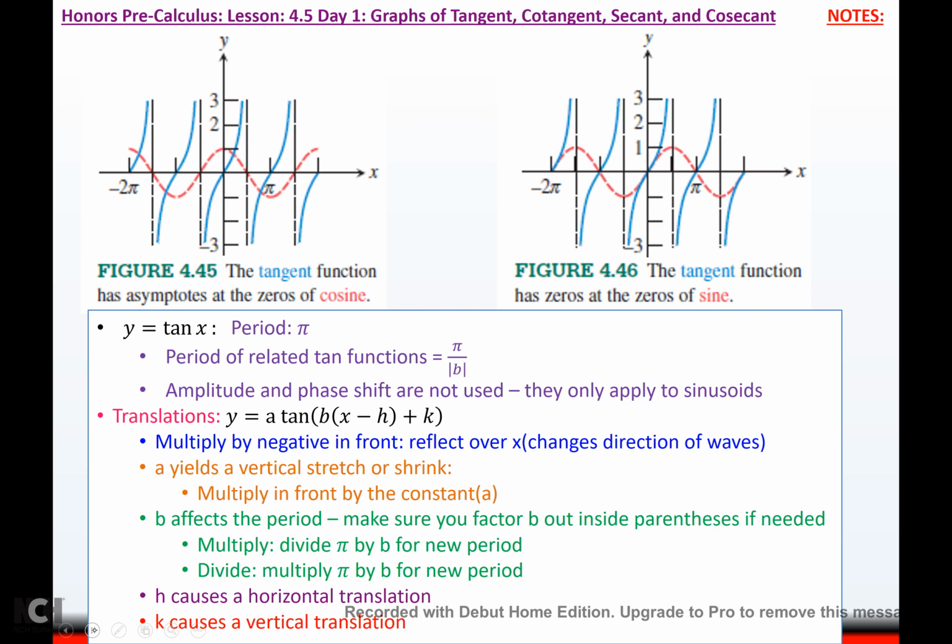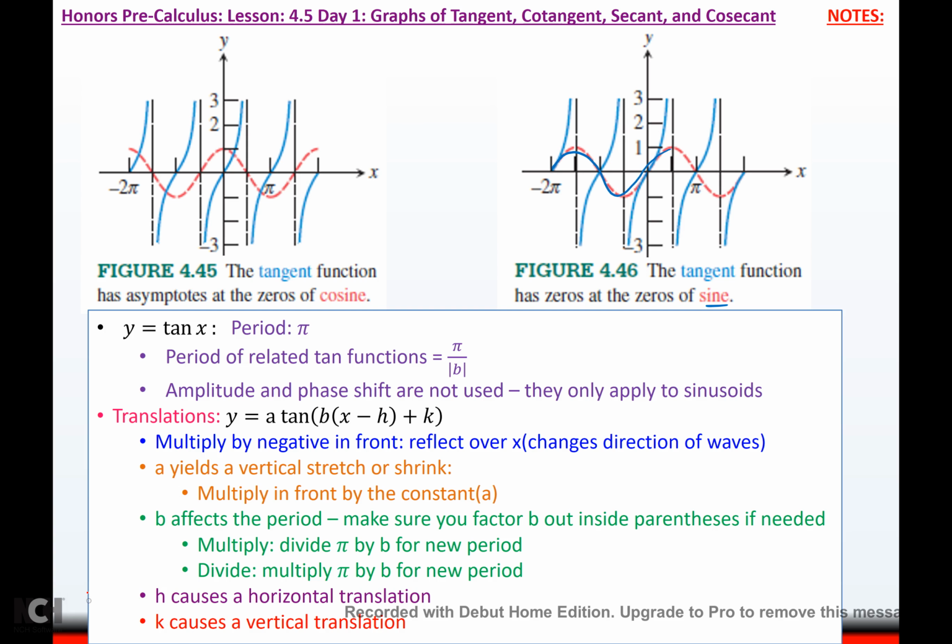All right, so here are some interesting things about the tangent function. The tangent function has asymptotes at the zeros of cosine, and it has zeros at the zeros of sine. If you look at the sine function, see it in red right here that I just drew over in blue.